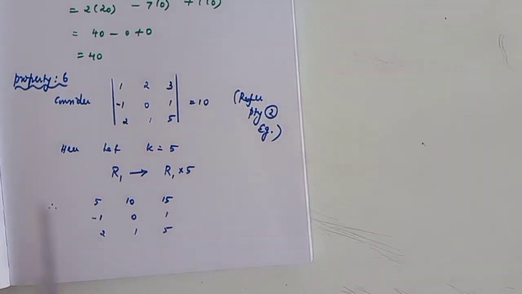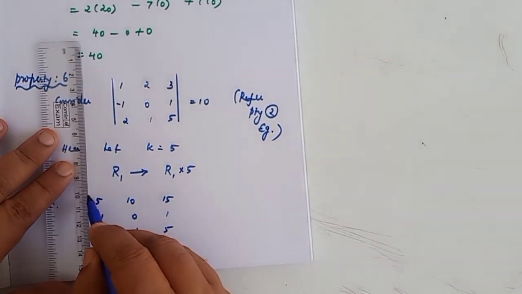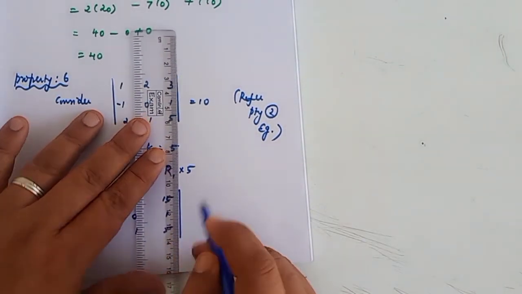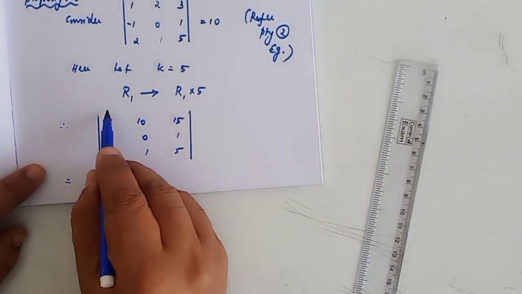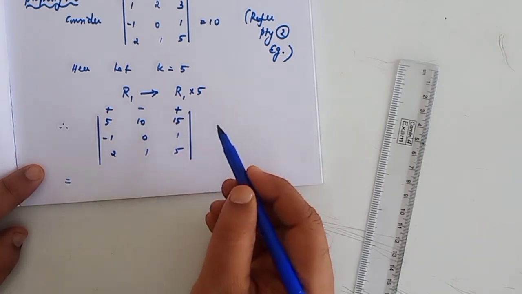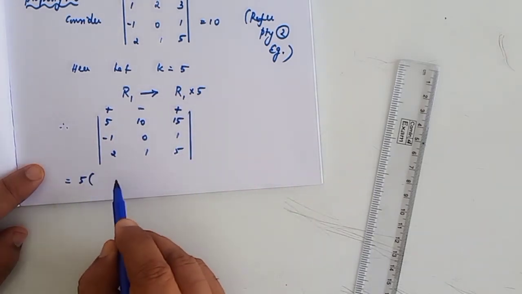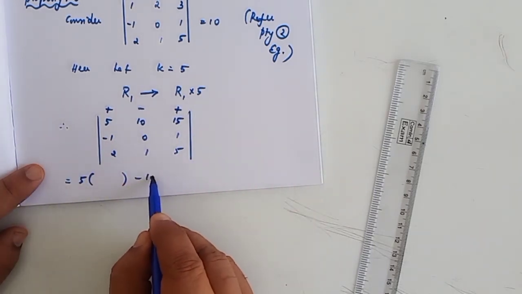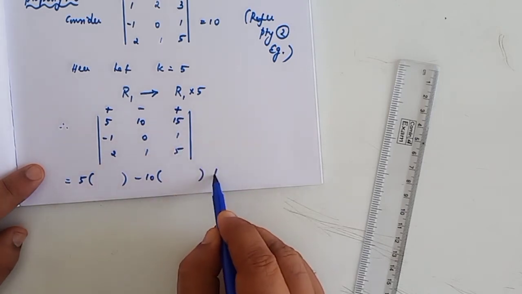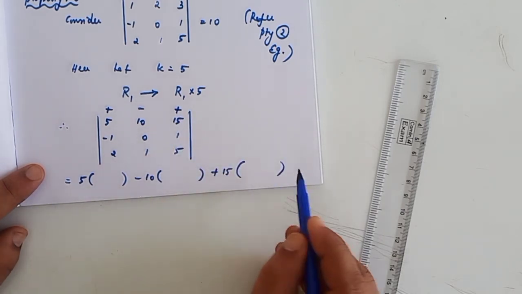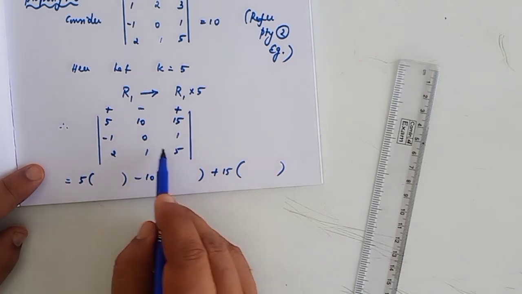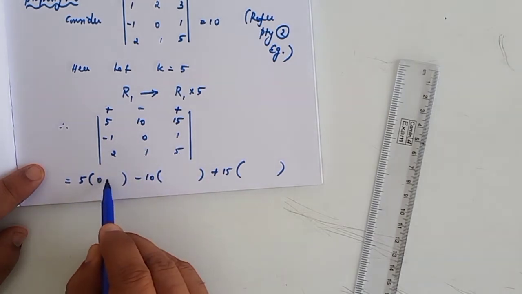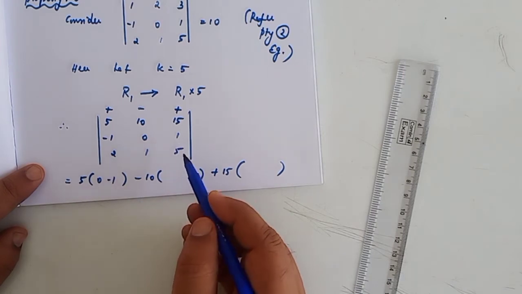Now, I am going to expand the determinant, that is equal to, at the top you write plus minus plus: 5 into, minus 10 into, plus 15 into. So leave this column and row, we have these 4 elements: 0, minus 1, plus 1 becomes minus 1.